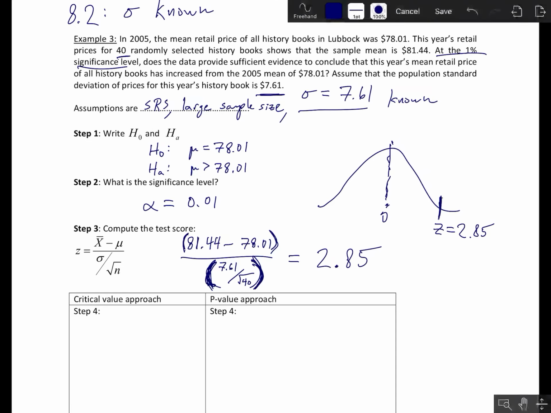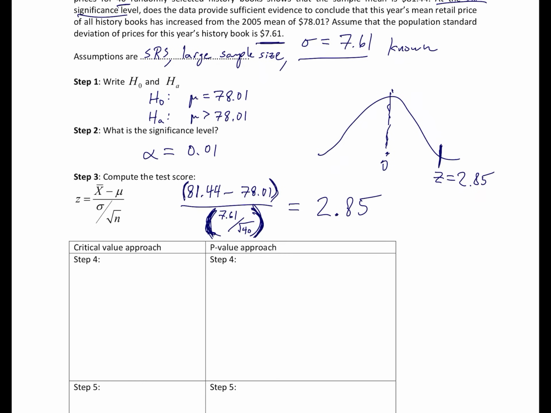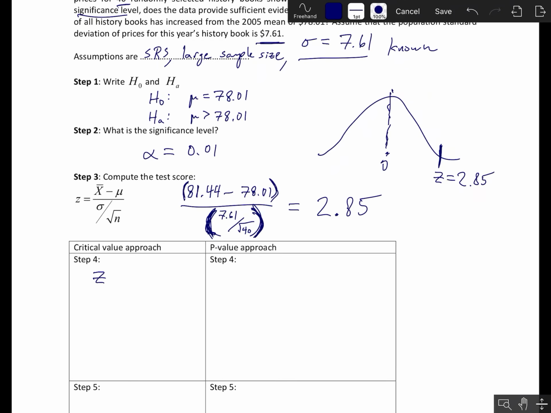The 2005 mean would get mapped to 0 here, and our sample mean is way over here to the right. But we need to decide whether this is far enough to the right that we are willing to reject the null hypothesis.